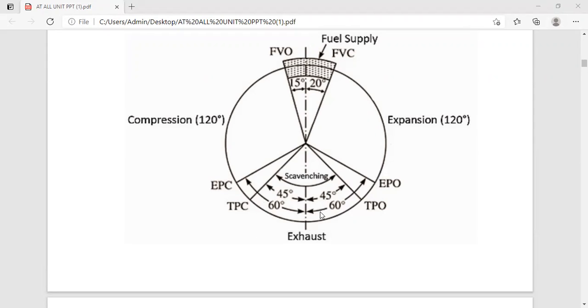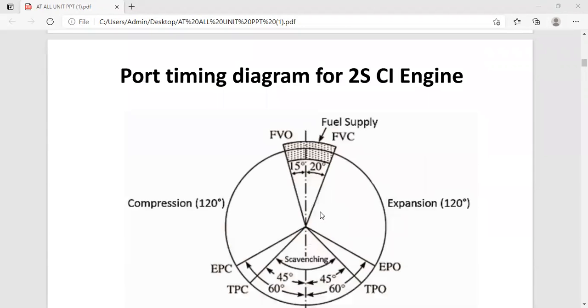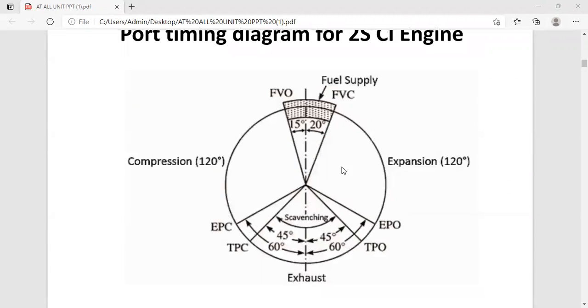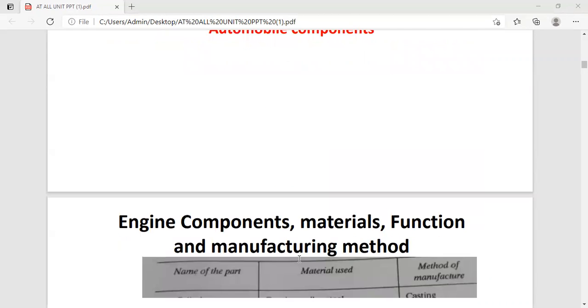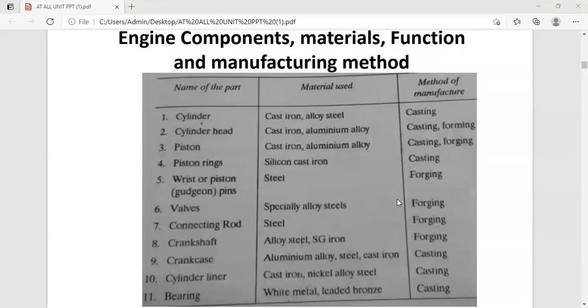So this is the port timing diagram for the 2-stroke CI engine. Whenever they ask in the examination, you just have to draw the diagram and give the angle at which it closes and opens. So we have seen the various types of valve timing diagram for the SI engine, the valve timing diagram for the CI engine, and the port timing diagram.